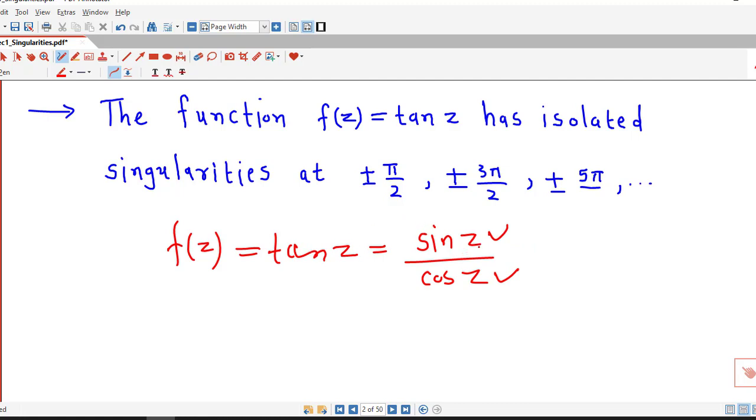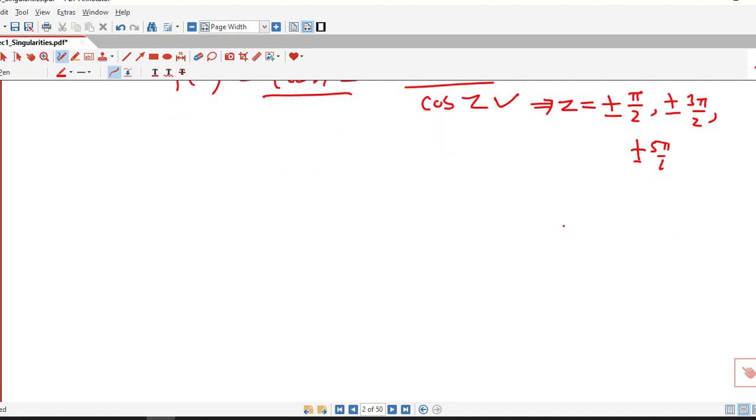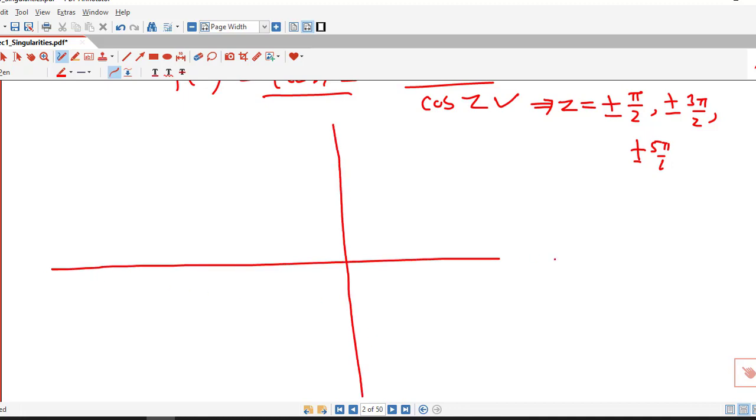So tan z is not analytic at those points at which cos z is 0, and cos z is 0 at all the plus or minus odd integer multiples of pi by 2. So this function is not analytic at the points pi by 2, 3 pi by 2, 5 pi by 2, or minus pi by 2, minus 3 pi by 2. So at these points tan z is not analytic.